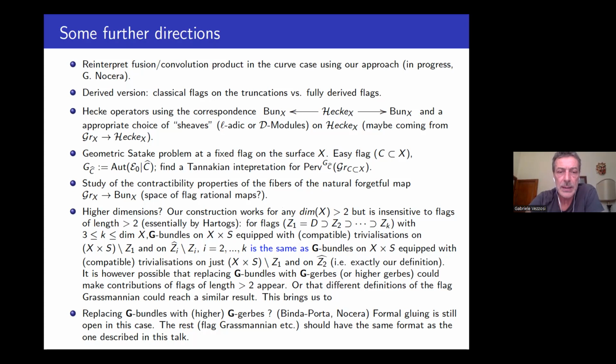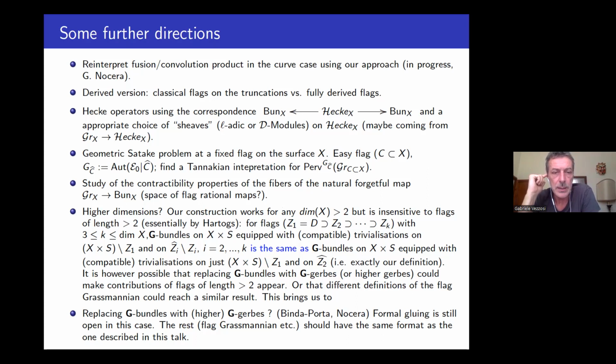So you might ask, we moved from curves to surfaces, what if I move to threefolds and higher dimension? Well, our construction can be iterated. Suppose you have a flag D, it contains Z2, and then so on and so forth, ZK.